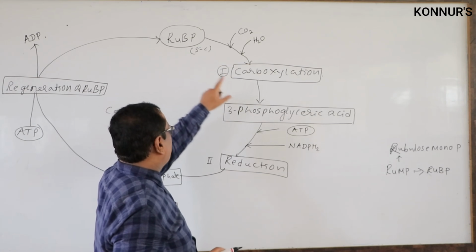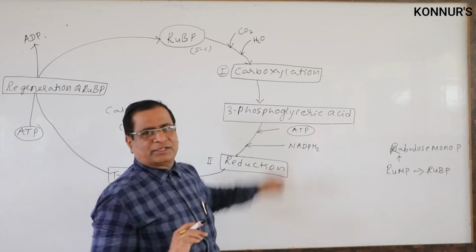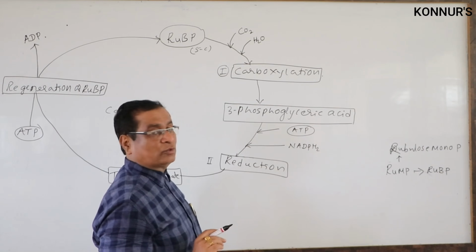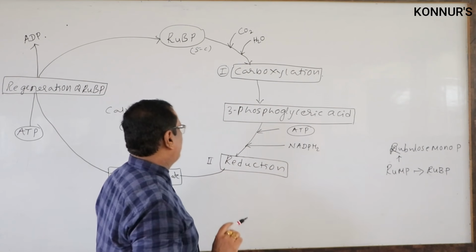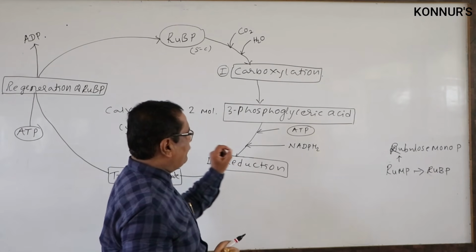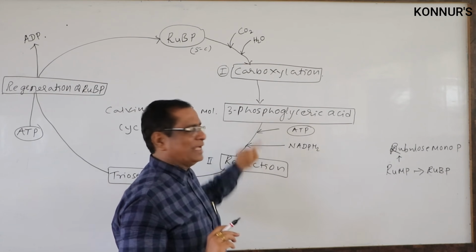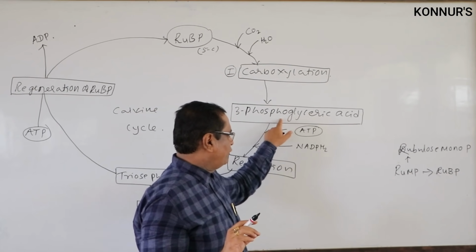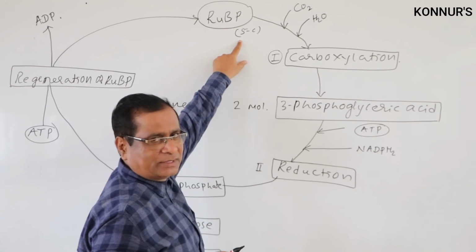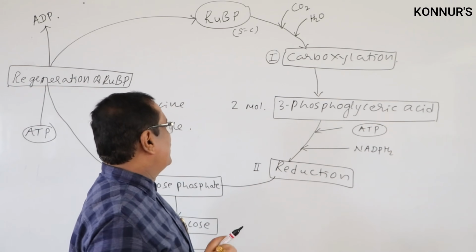The fixing of that CO2 by RuBP is named CO2 fixation or carboxylation. Once one molecule of RuBP fixes one CO2, there will be a formation of 2 molecules of 3-phosphoglyceric acid. What does this 3 indicate? The phosphate group is attached to the 3rd carbon of glyceric acid. See here, in RuBP there are 5 carbons, and CO2 has 1 carbon, so the total number of carbons is 6.